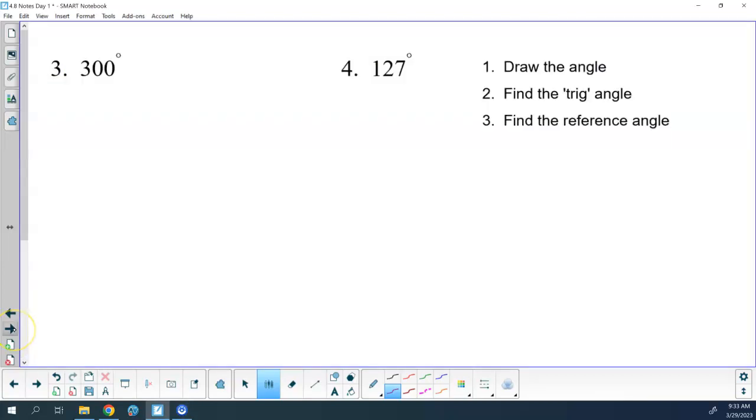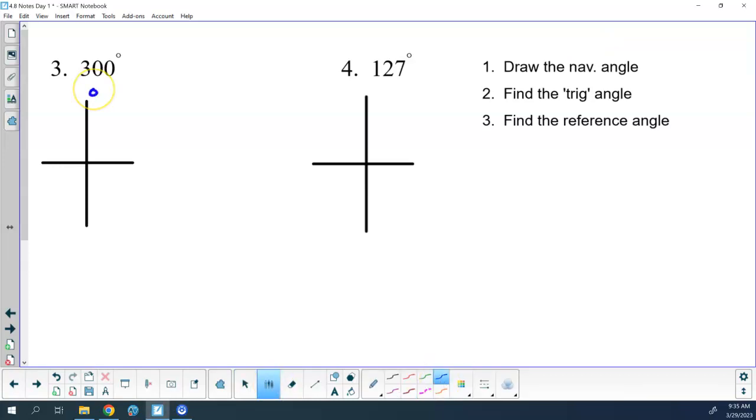All right. You try those two. So I want you to, one, draw the navigation angle. Find me the trig angle. Find me the reference angle for those two. So I'll put my 300 degree angle up there.